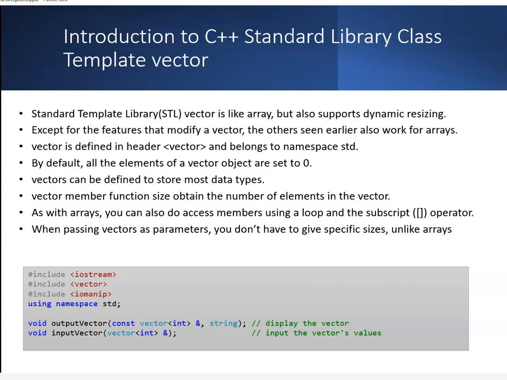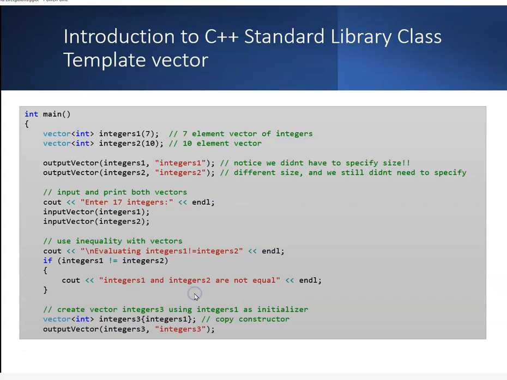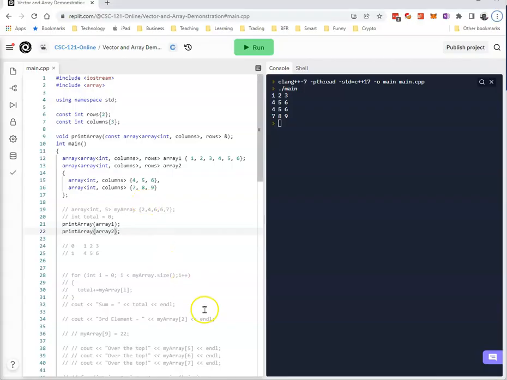You can use the bracket operator. You can have vectors of vectors. However, when you pass vectors as parameters, unlike arrays, you don't have to give the sizes, which is nice to make more generic routines. So let's take some examples, and we'll create some methods here.